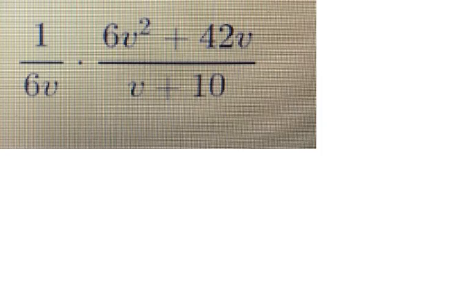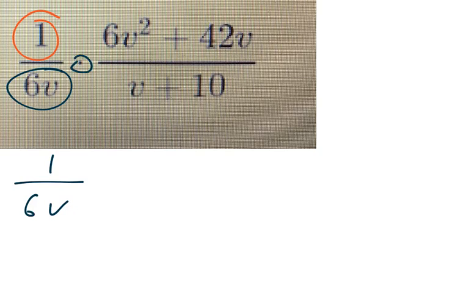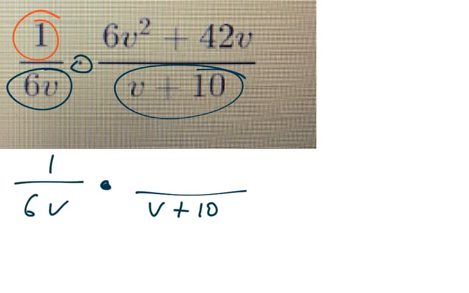All right, one more. That stays the same. That, of course, you can't factor, stays the same. It's a times. So I'm going to leave this in the bottom. I'm not going to do a reciprocal. That's with divide, not times. That right there, I know I can factor out a 6v.